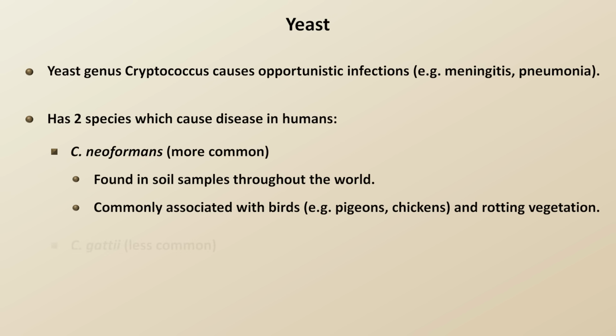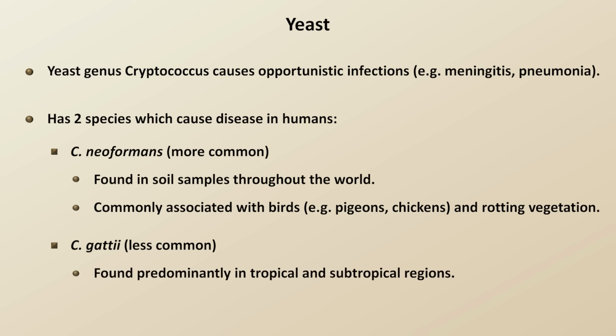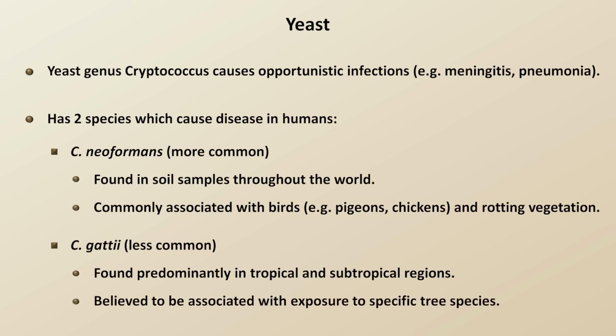The less common species is Cryptococcus gattii, which I believe is the correct pronunciation. This is found predominantly in tropical and subtropical regions, though has just recently emerged in the Pacific Northwest, particularly Vancouver Island. It's believed to be associated with exposure not to animals, but rather to specific tree species.